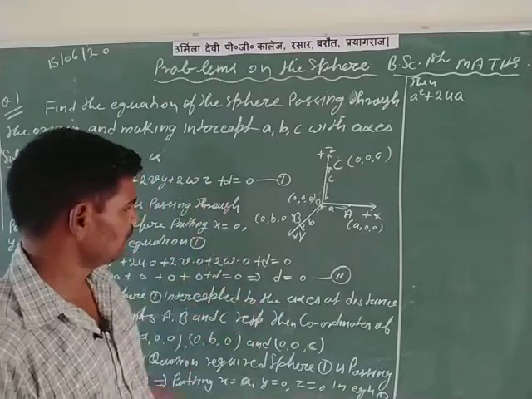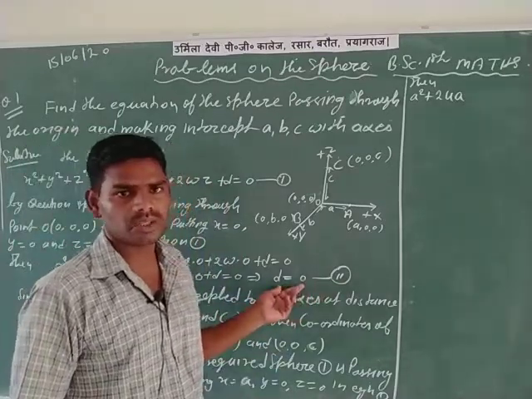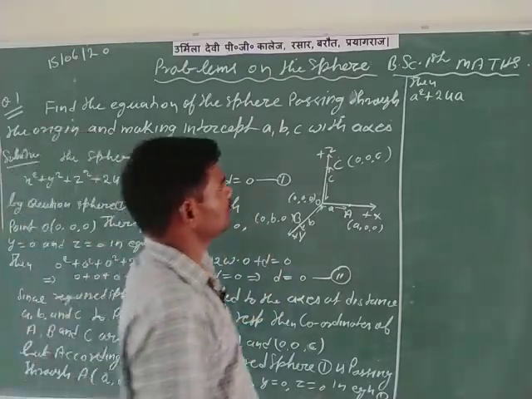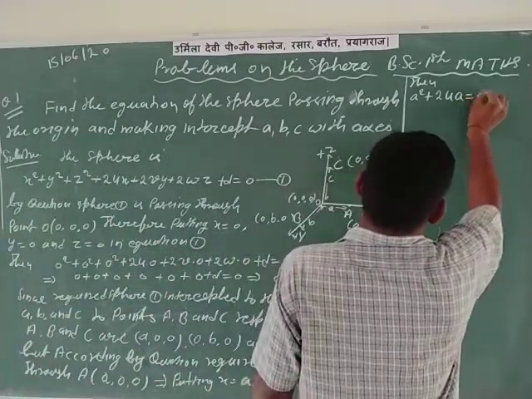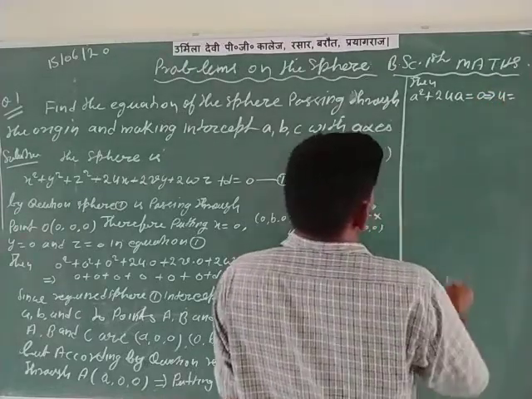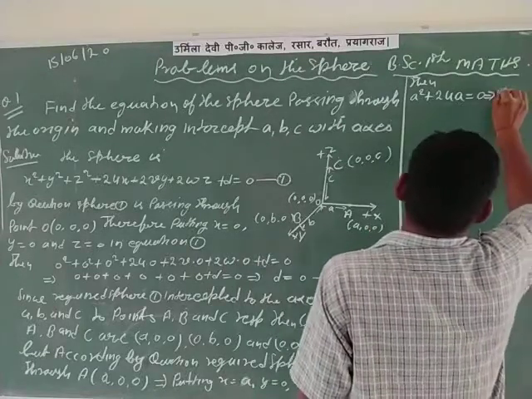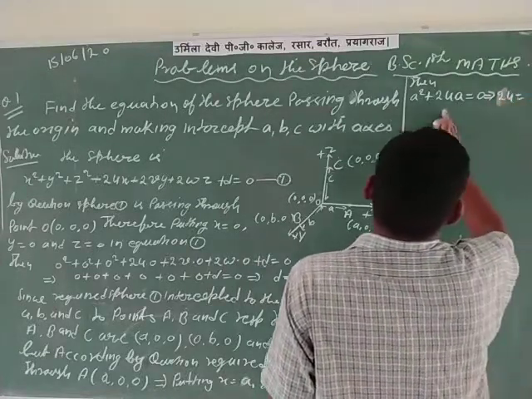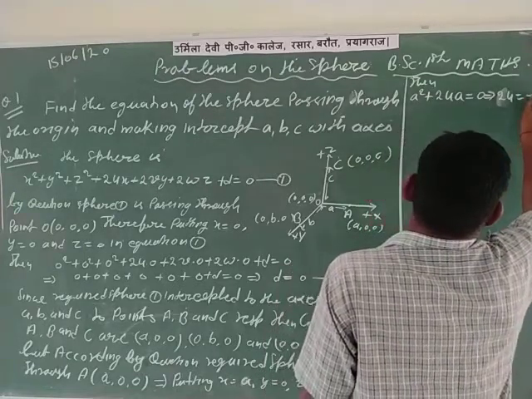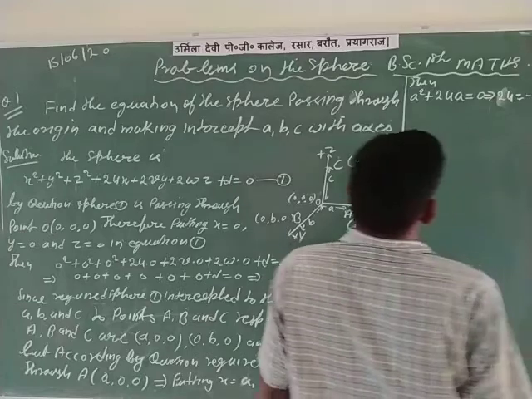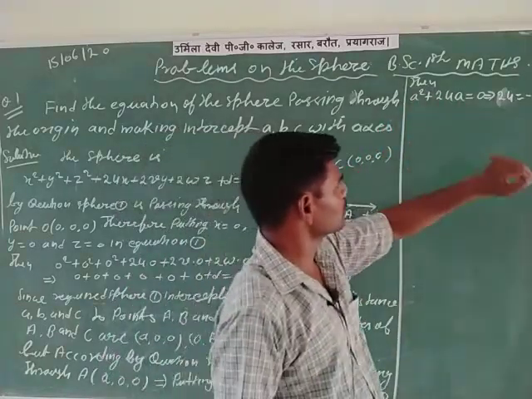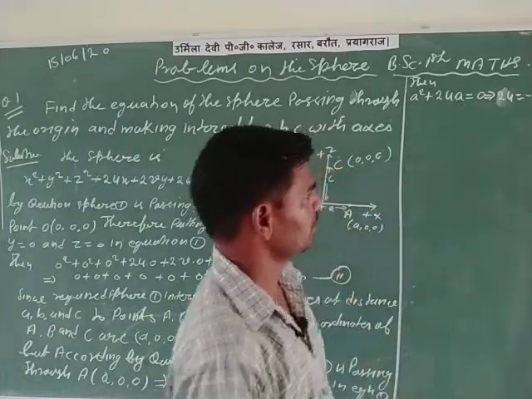But you know that the value of d is equal to 0 from equation second, so putting d equal to 0 in equation first, we get a square plus 2ua equal to 0. It implies that 2u is equal to minus a square divided by a, which is minus a.